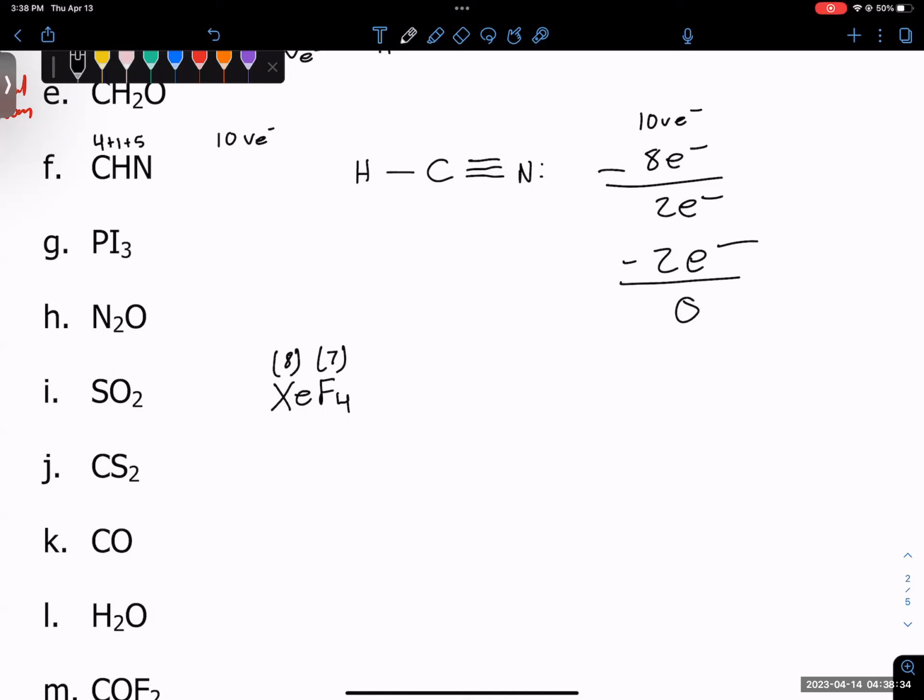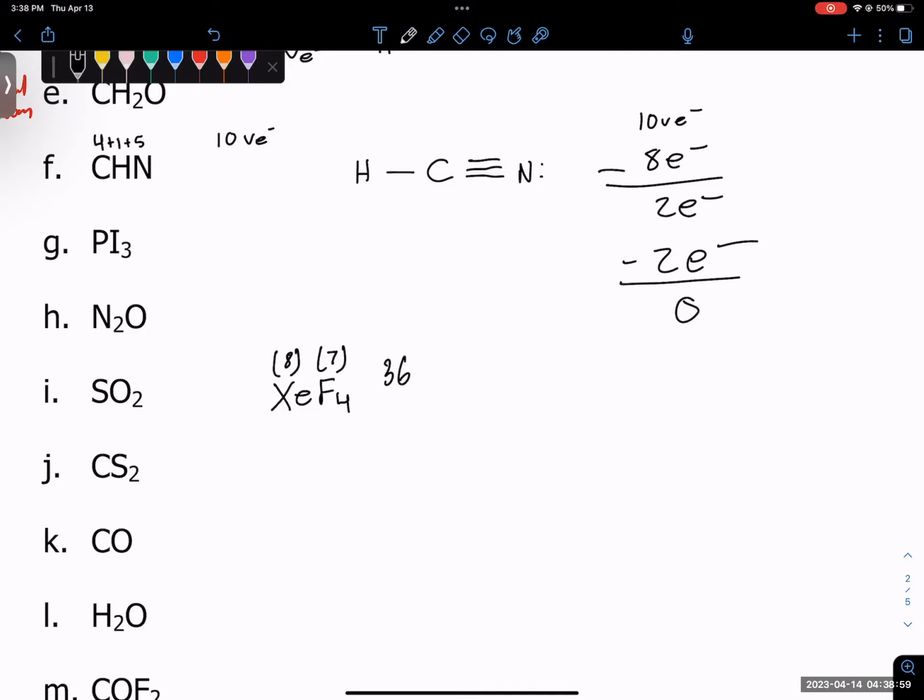How many electrons we thinking? Almost. So 7 times 4 is 28. So 28 plus 8 is how much? 36, like the ACT score. 36.